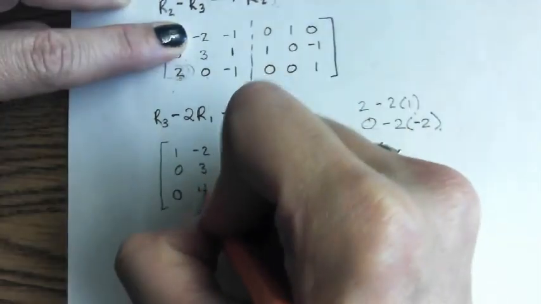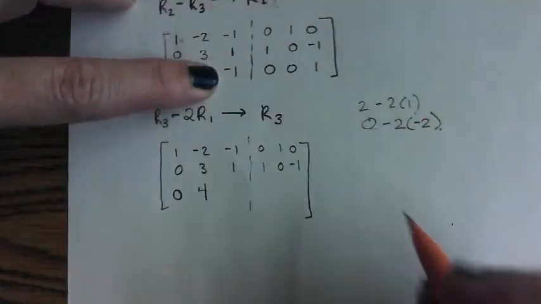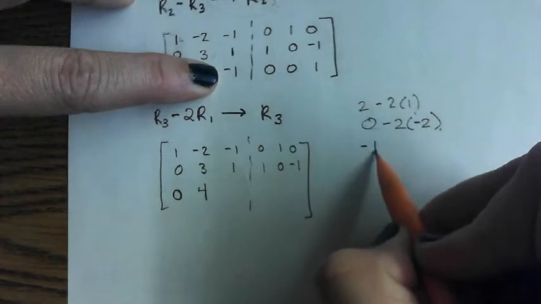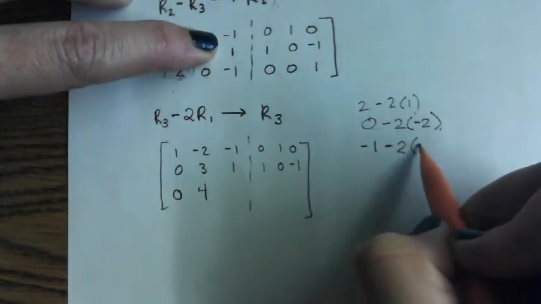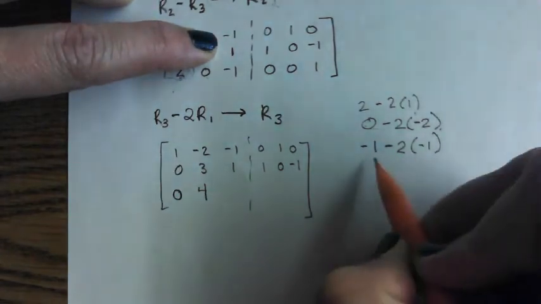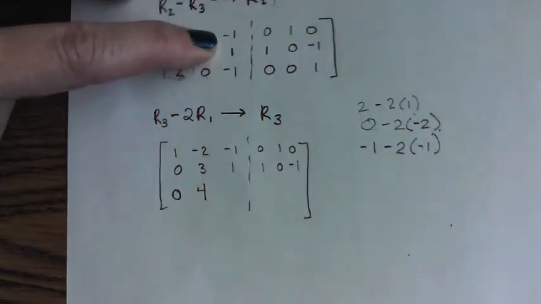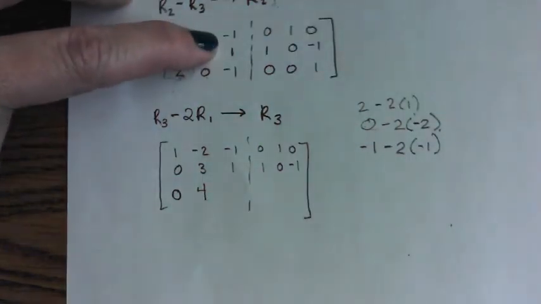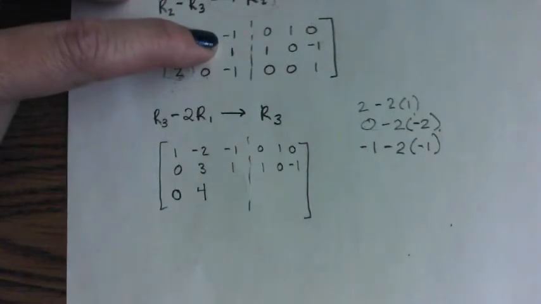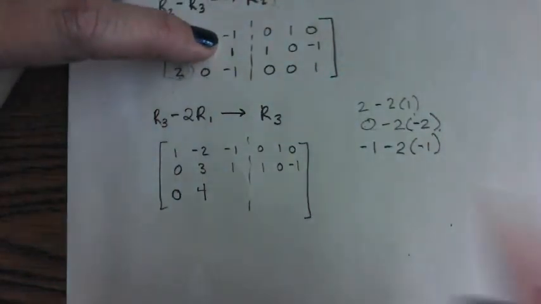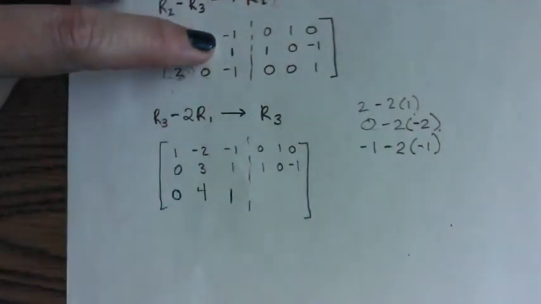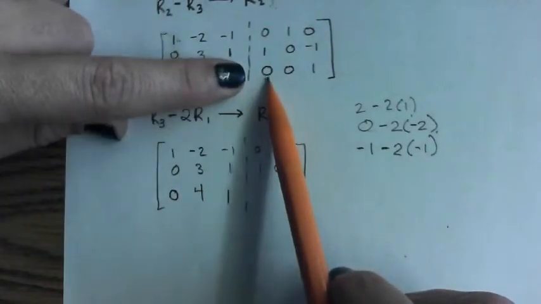positive 4. Next spot, row 3 number is negative 1 minus 2 times the row 1 number, which is negative 1 there. This is where doing it in your head would get confusing. Negative 1 minus 2 times negative 1. Hopefully you see negative 1 plus 2, and negative 1 plus 2 is 1. We keep going.